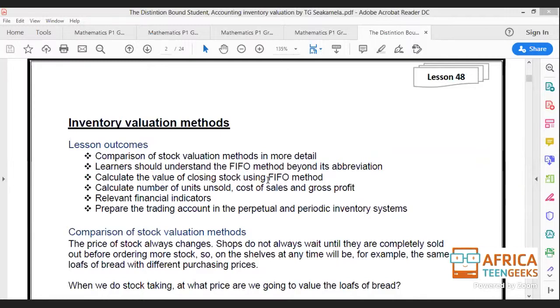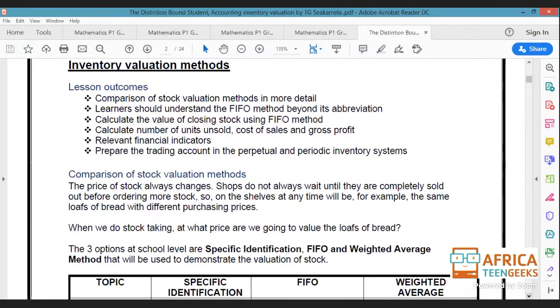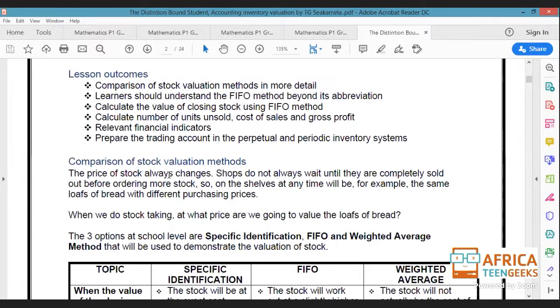So another thing that you need to look at is the comparison of stock valuation methods. This is what I've just explained to you guys. Here it says the price of stock always changes. Shops do not always wait until stock is completely sold out before ordering more stock. It makes sense, guys. It doesn't mean that a supermarket has to wait for milk to get finished.